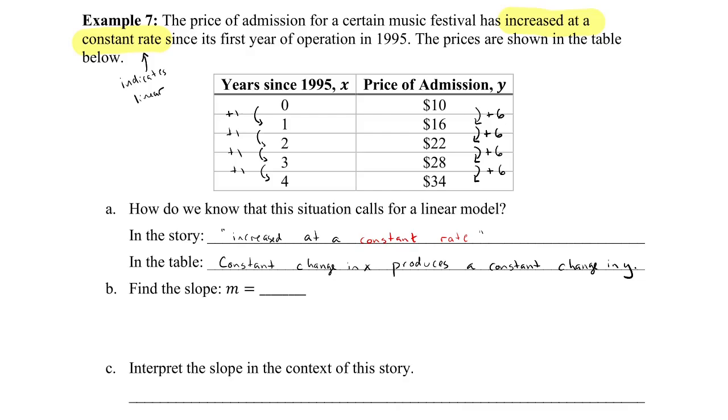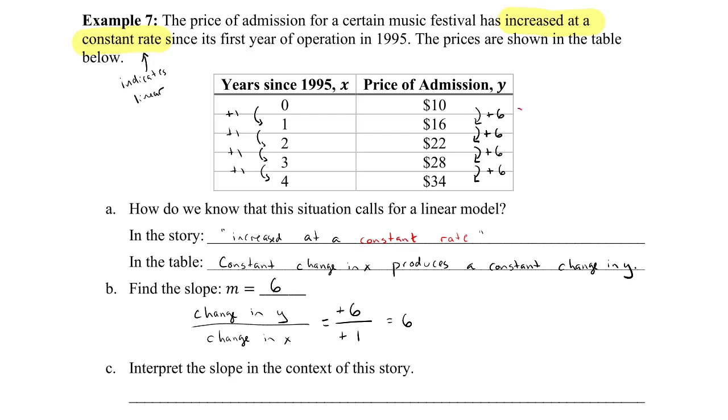The slope then is going to be just the change in y over the change in x. So in the table we see each row we have a change in y of plus 6, a change in x of plus 1. Our slope is 6 over 1 equals 6. Now, you might be thinking, okay, what if we skipped some rows, right?